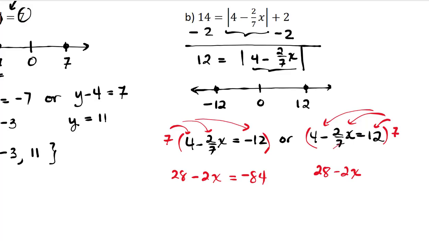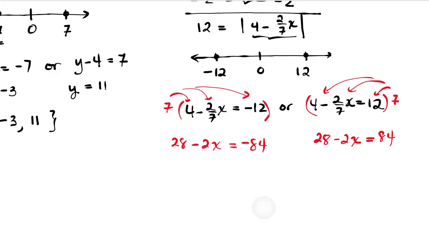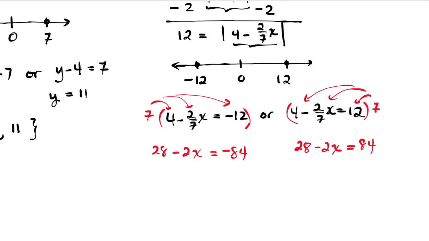The 7 here divides out with the LCD, and then equals +84 this time. Now our equation looks a little bit simpler to solve. So from here, subtract 28 to both sides.